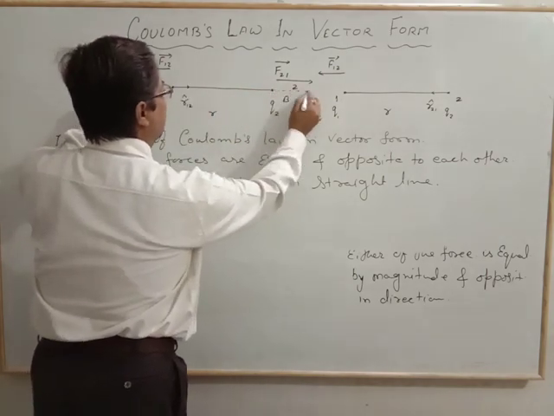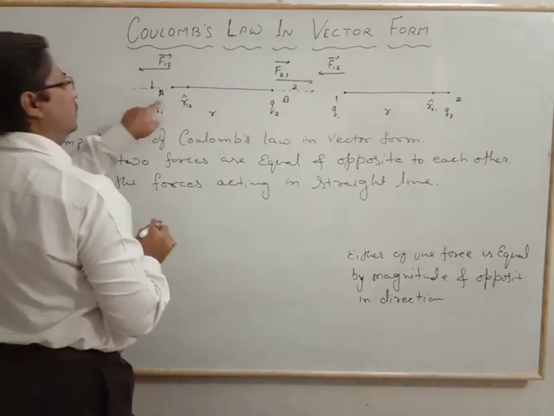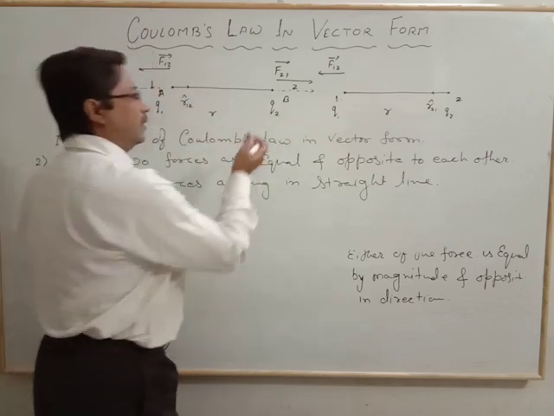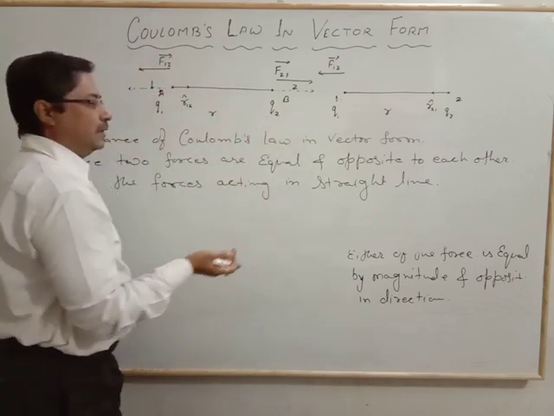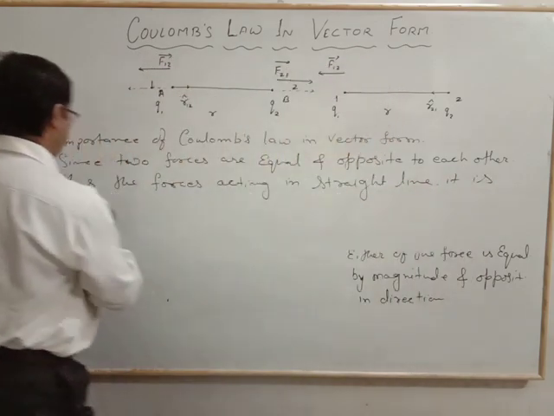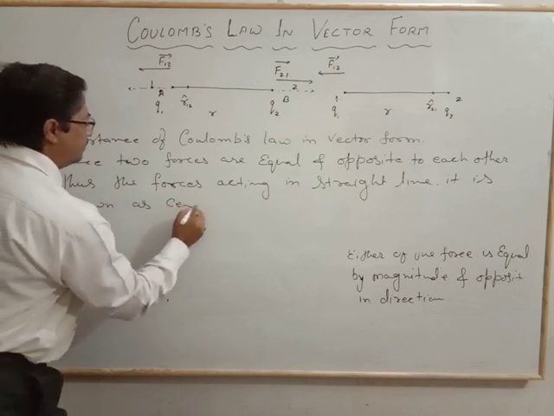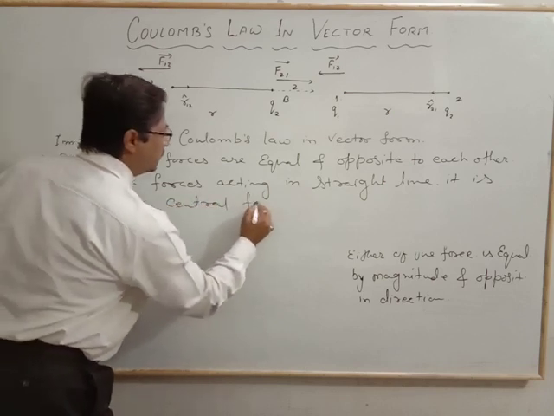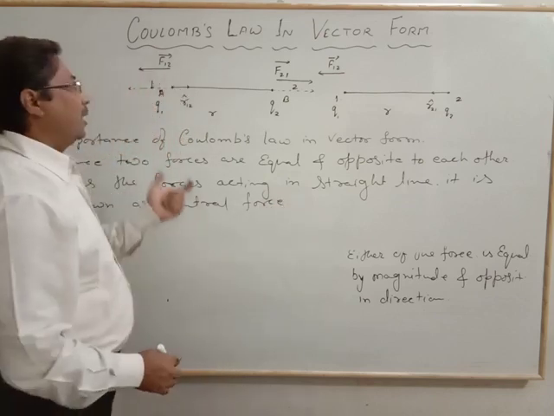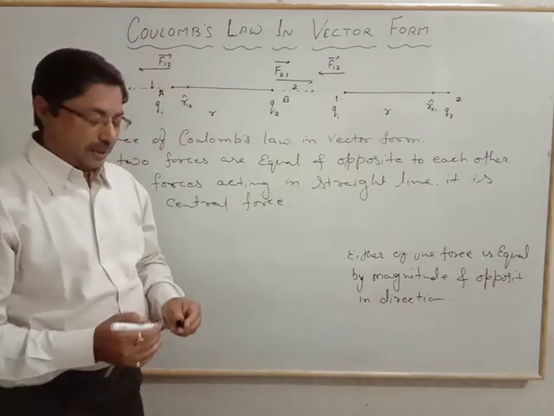We represent here F21 and here F12, and these two forces are in a straight line, either repulsive or attractive, and that is why it is known as a central force. So two important points we come to know regarding Coulomb's law in vector form.